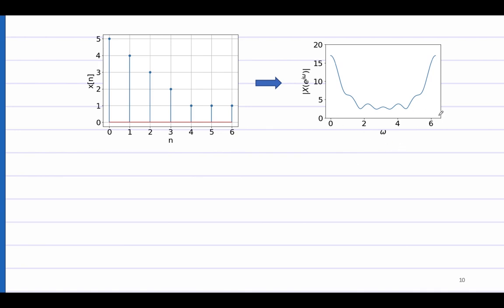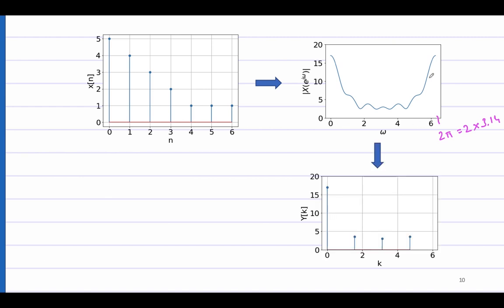From 0 to 2 pi, this is 2 pi, 0 to 2 into 3.14, so approximately 6.28 here. Now I sample it. So by sampling, I obtain this value and then this value somewhere before 2 and then somewhere in the middle at omega equal to pi, and then out here you see there is a periodicity here, like it goes like this, okay.